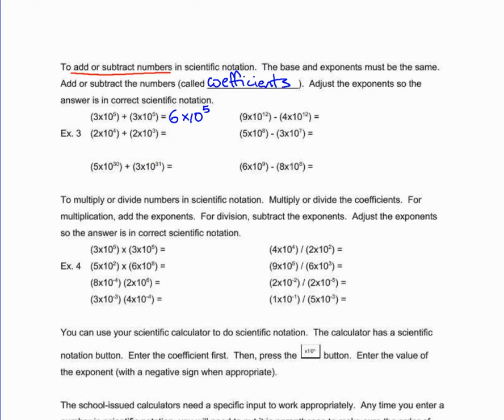In this next one, it's a little bit different. We have 2 times 10 to the 4th power plus 2 times 10 to the 3rd power. So with this one, we have to make sure that their bases are the same, and they are. We have to make sure the exponents are the same. They're not. So what I'm going to do is change this one. 2 times 10 to the 4th would be the same thing as saying 20 times 10 to the 3rd.